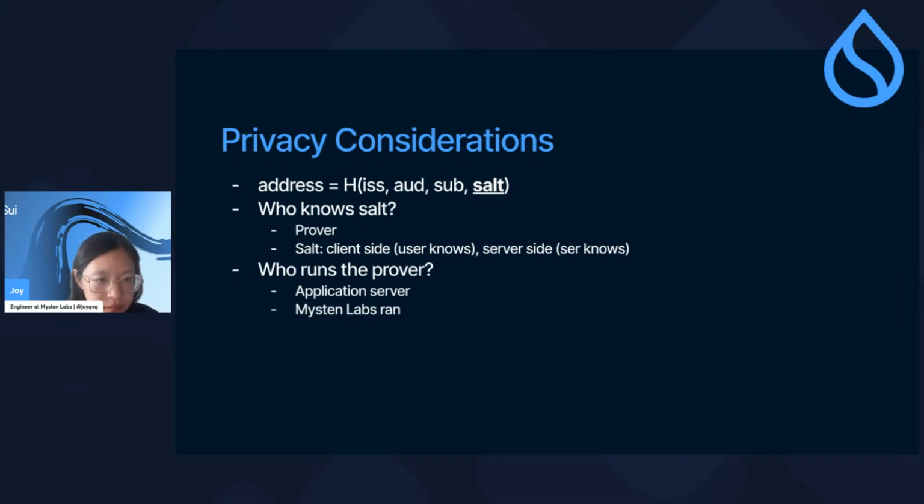One is whether you want the user to remember some secret value, even though it's not as sensitive as a private key, but the user does need to remember this value. On the other side, you could have a backend server, and the server knows the salt value, and it can match its users to their address. The user doesn't need to remember a salt anymore, but someone needs to.